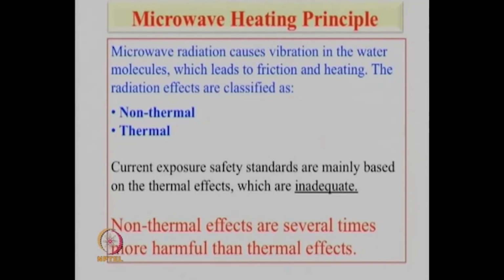When microwave radiation impinges on the water molecule, the water molecule starts vibrating at a speed of 2.45 billion times per second. When that vibration is at such a high intensity, it leads to friction, and that friction leads to heating, and that is how the microwave oven food gets cooked.